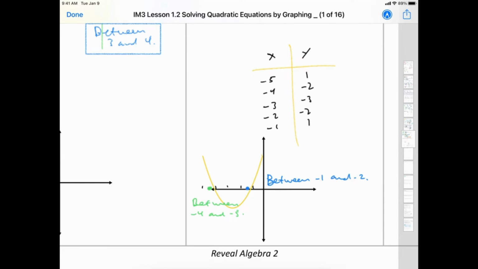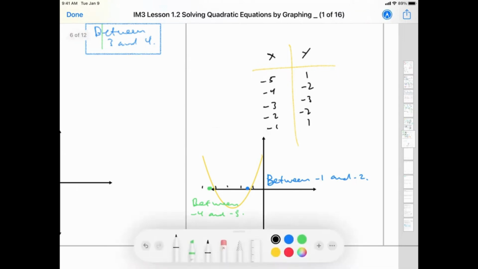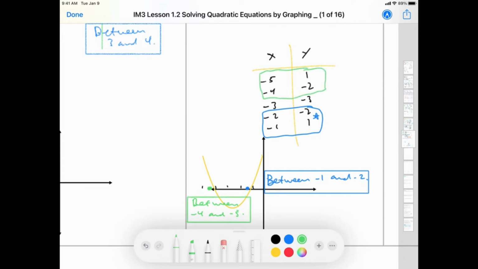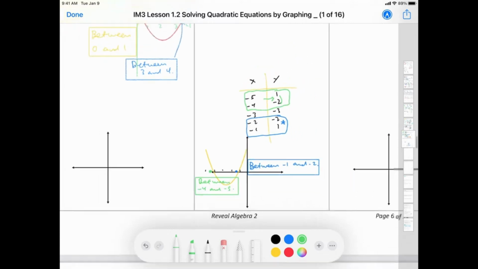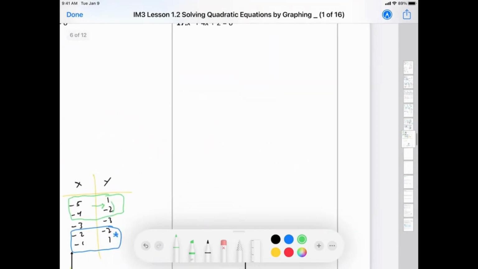Okay, so hopefully you can see that between -1 and -2 is right here. Do you see how these values here are switching from negative to positive? Which means that 0 is between them. Same thing over here, between negative 4 and negative 5. You can see right there, 0 is between them. Does that make sense?